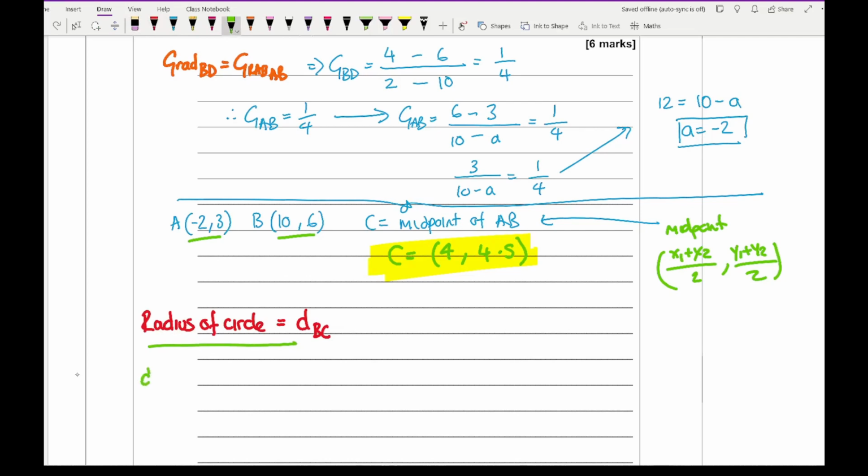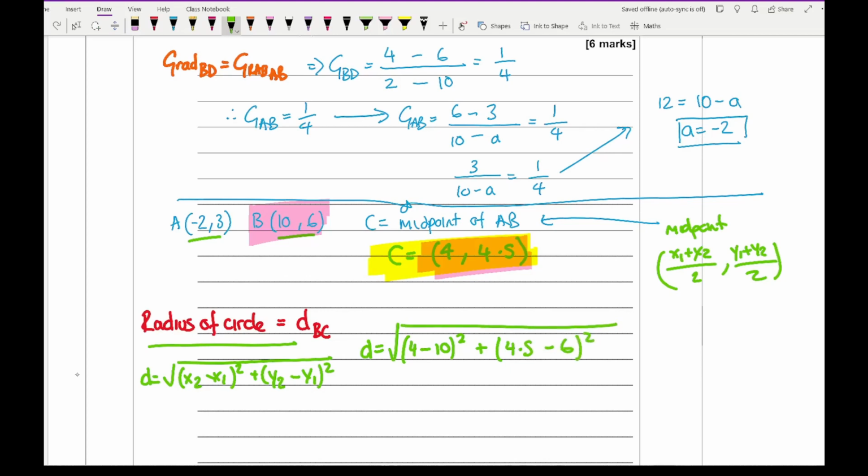So then from this, using that D equals the square root of x2 minus x1 squared plus y2 minus y1 squared. So using that formula and this coordinate here and this coordinate here, we get that D equals the square root of 4 minus 10 squared plus 4.5 minus 6 squared.